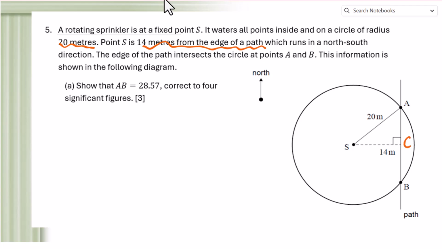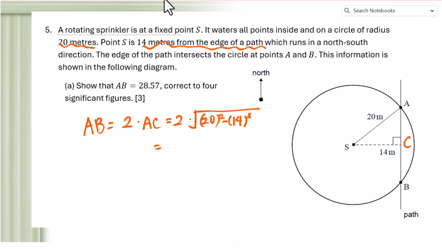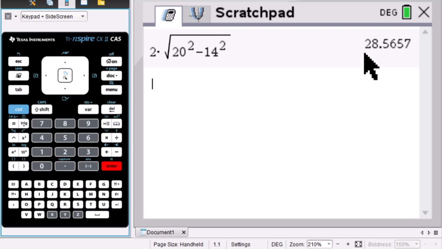Let's label this as C. So AB equals 2 times AC equals 2 times the square root of 20 squared minus 14 squared equals, we got 28.5657, which is 28.57 to 4 significant figures.